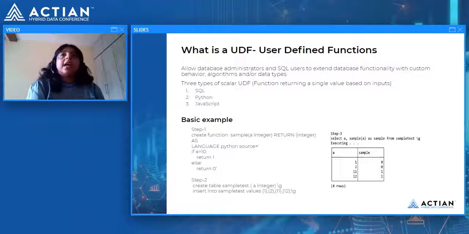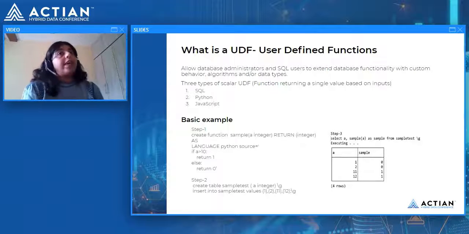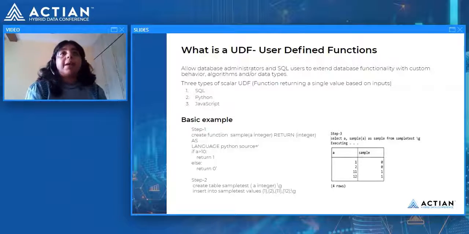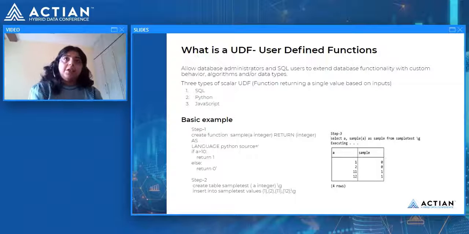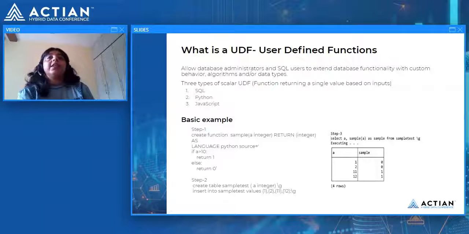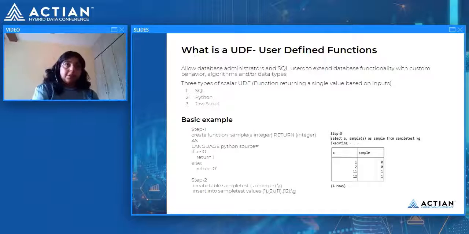For now, in our product, that is Actian Vector, Vector Edge, Avalanche, we have just 3 languages supported, that is SQL, Python, and JavaScript. And for now we have only scalar UDFs, that is, you are returning a single value based on the inputs.